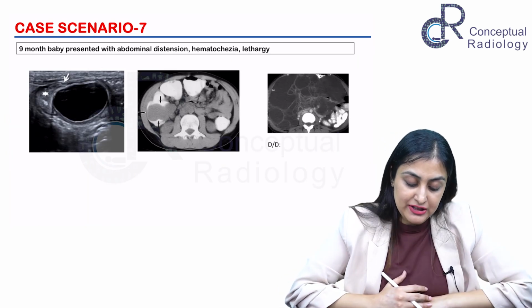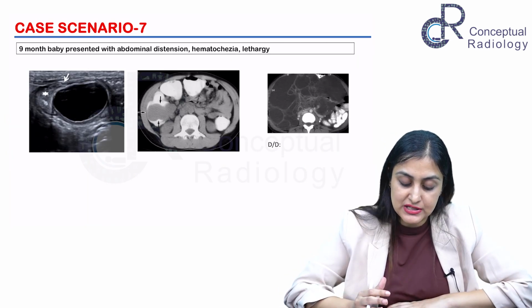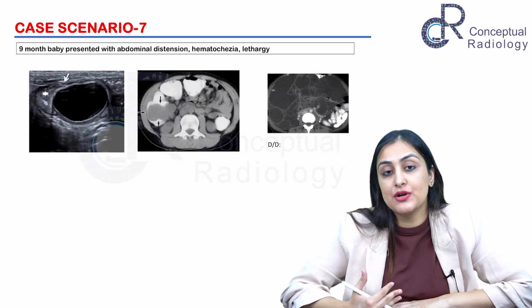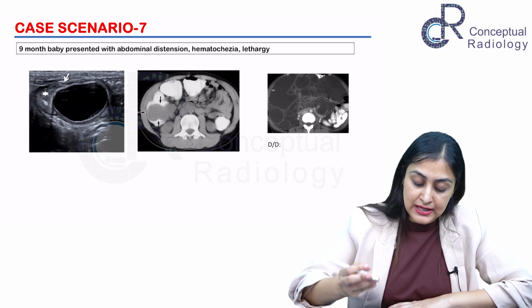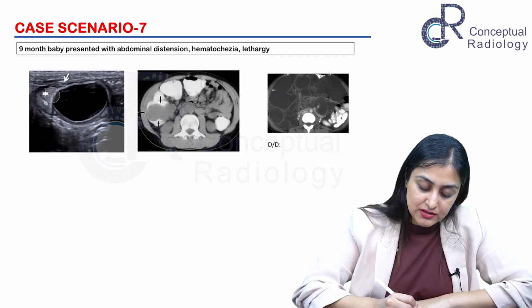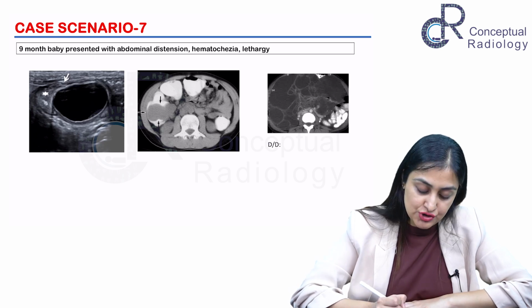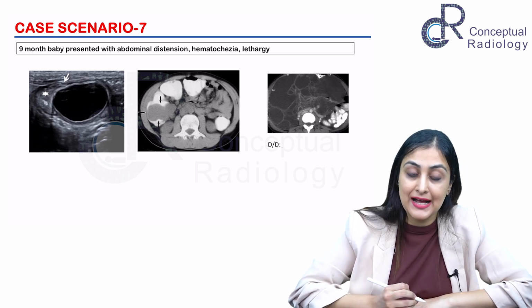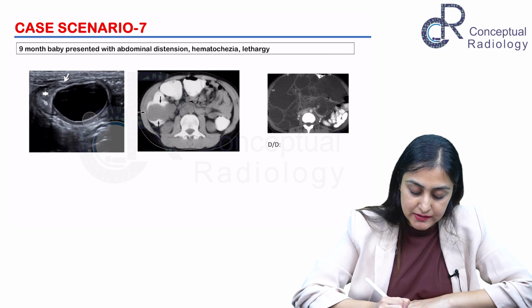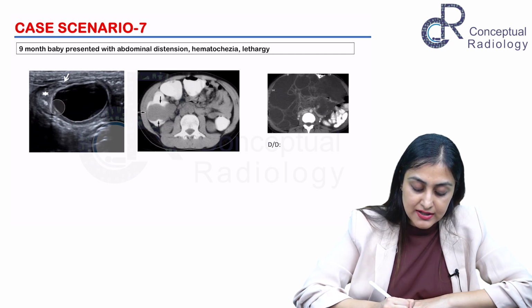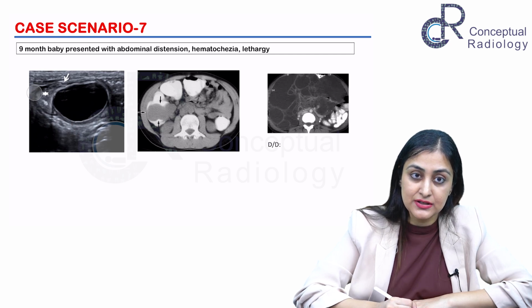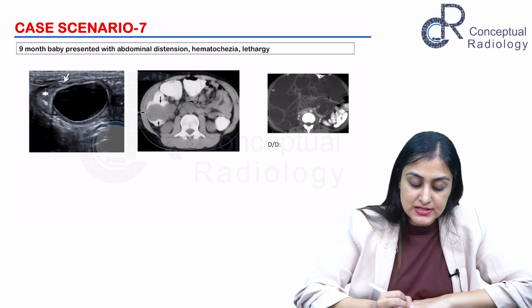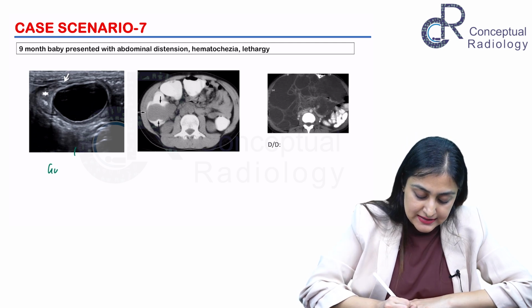So now we have a 9-month-old baby who's presenting with abdominal distension, hematochezia and lethargy. So what you see on ultrasound here is this anechoic lesion with posterior acoustic enhancement, and what is remarkable here is that it has the gut signature, right? You see it in relation to the bowel, but what is the clincher here is that it is gut signature positive.